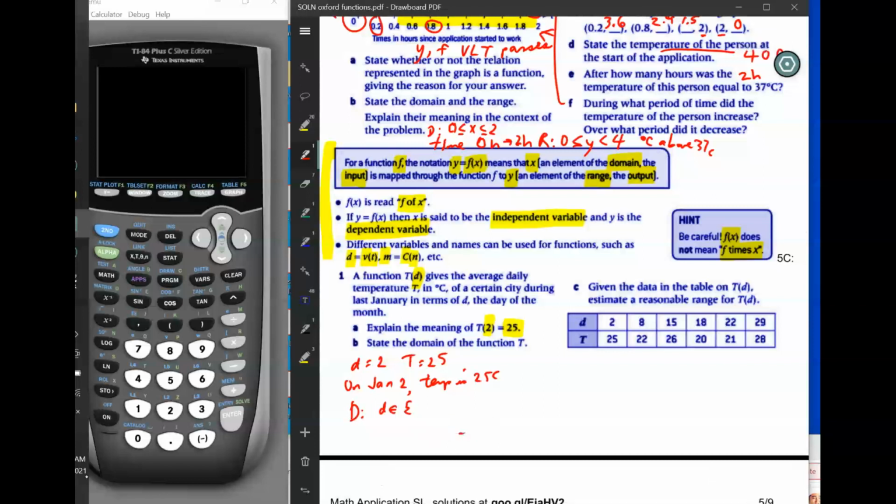So we need to say D is an element of the set, and then you put 1, 2, 3, and then you would put ..., and then you would put the last couple numbers, 30, 31, and the ... is a convenient way of saying, oh, all the integers in between, because you can see from the first 3 numbers that my pattern is integers. Okay, so that is how you would say the domain in the easiest way possible.